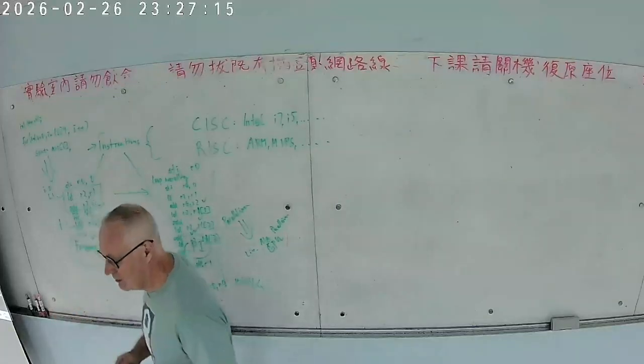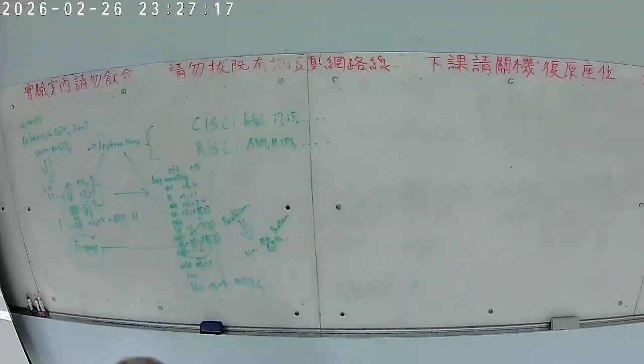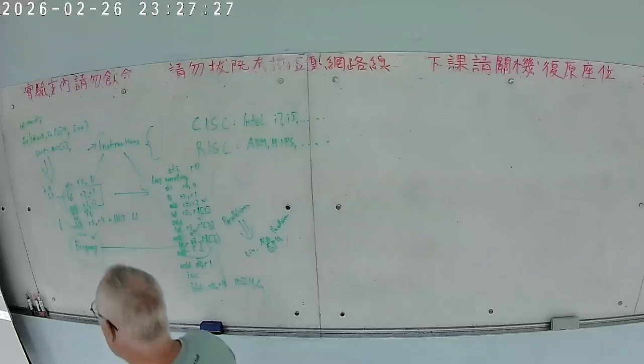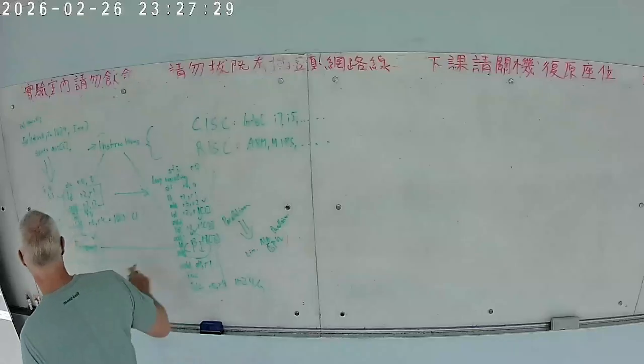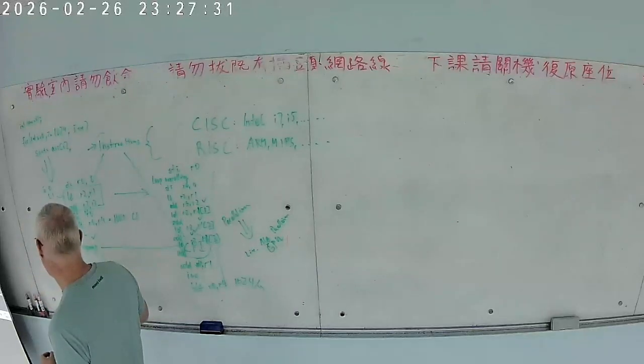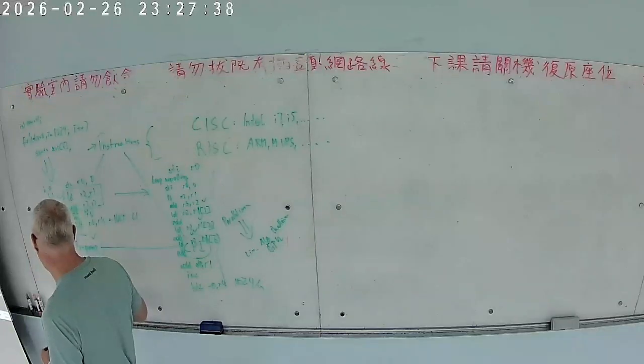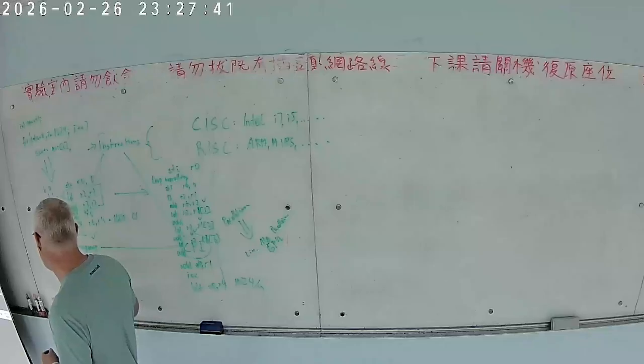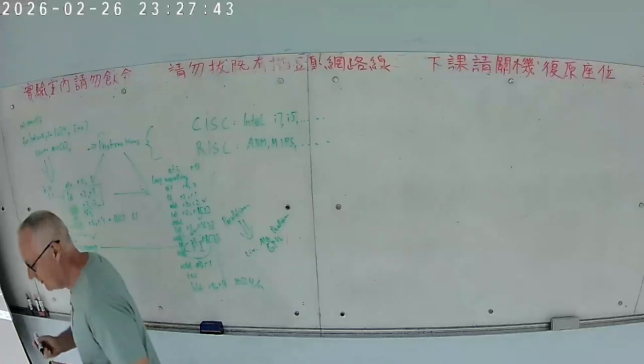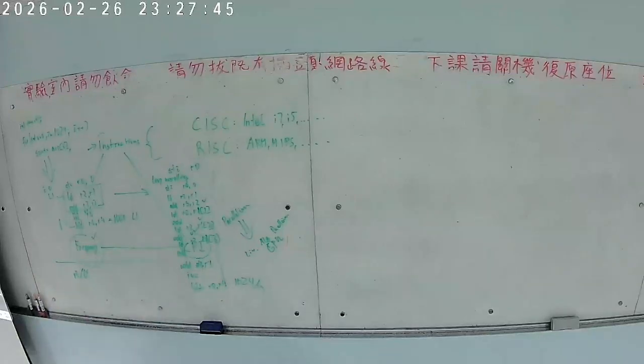Other optimizations were things like reducing the power of the operation, changing the instructions. So for example, if you want to calculate R3 divided by 64 for an integer, you can use the divide instruction and it'll give you the result.